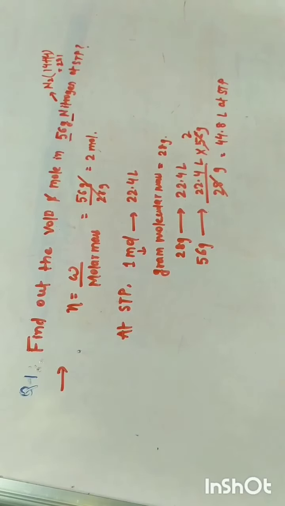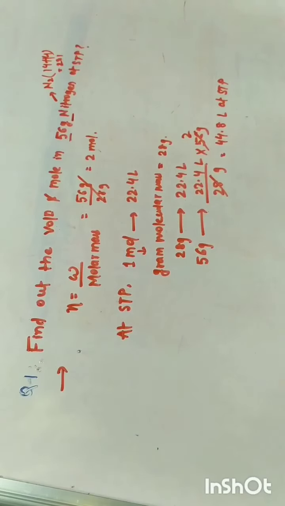Okay, so here nitrogen is given, and nitrogen exists as N2. Also 1 gram is given. So you have to find out the number of moles in terms of mass. We know that N is equal to W by molar mass. So W is 1 gram, molar mass is 28 gram.